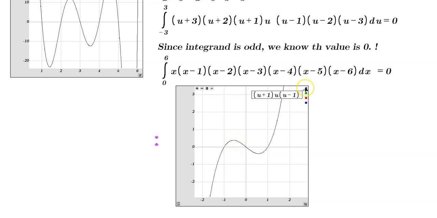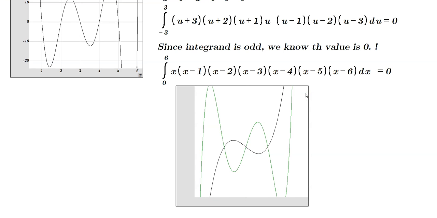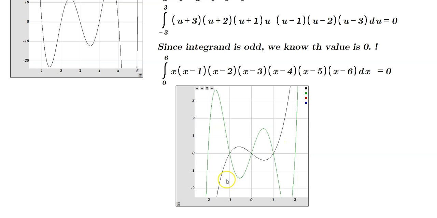This is for the case of u plus 1 times u minus 1. Even if you did u plus 2, then u plus 1, then u in the middle, then u minus 1, then u minus 2, and imagine that's our integrand, that's the green curve. It would still have the same characteristic of being odd. And likewise with our specific one right here, that I created.